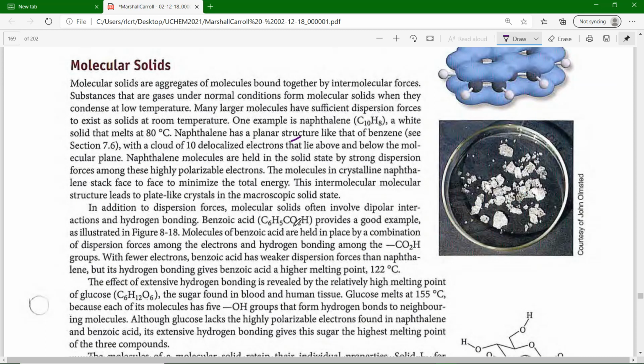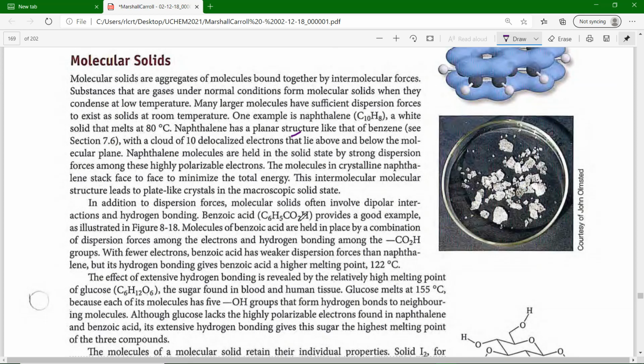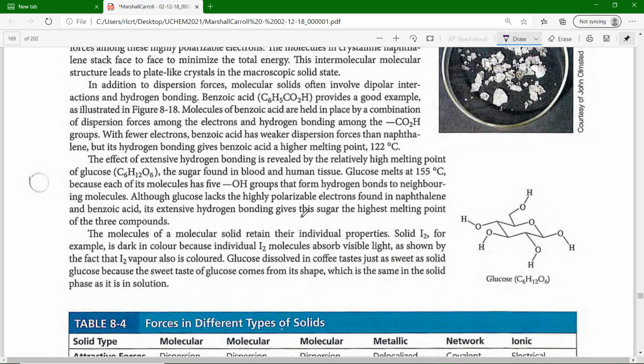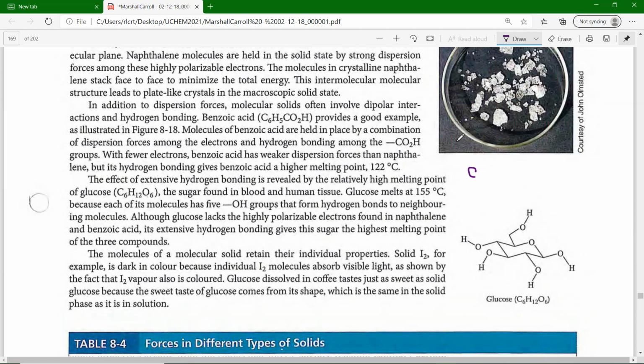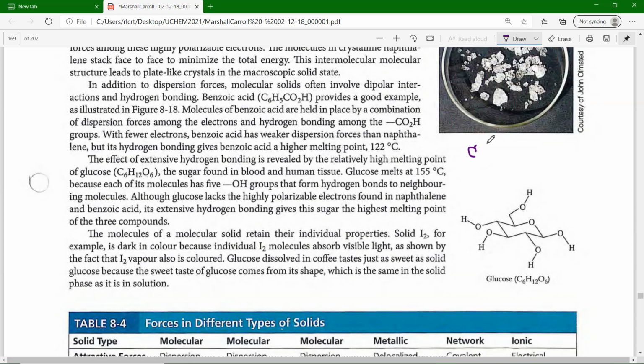Benzoic acid has dispersion forces, as all molecular solids do, but it also has hydrogen bonding because of the carboxylic acid group, right? Carboxylic acid group, OH.